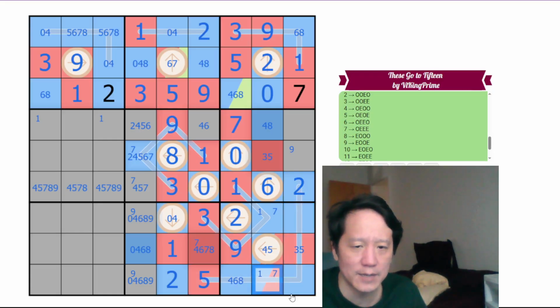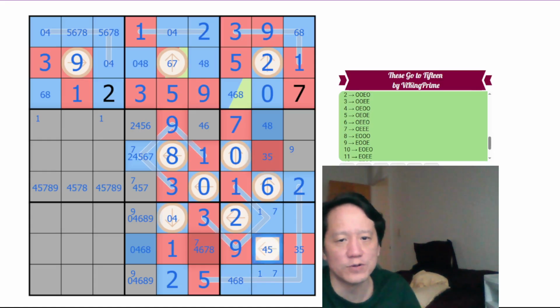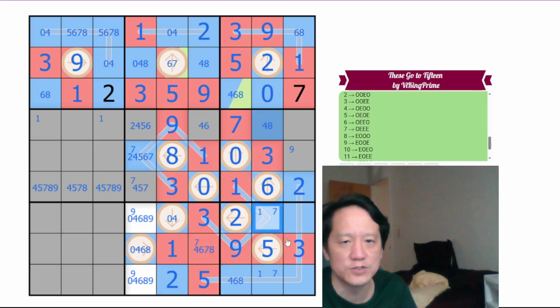So this cannot be odd. It's even, which means this can't be even. It's odd. Therefore, this is 5. So we have odd, even, odd, even, which is adding up to OE, which is 5. So this is 3. 5 eliminates 5 here, so that's 3.